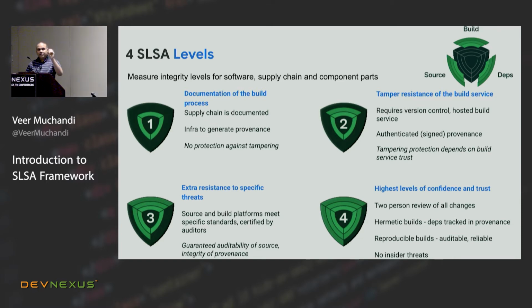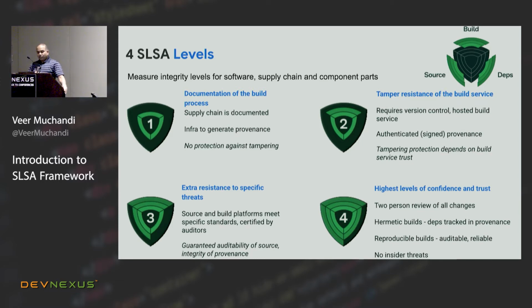In the sense, let's say your source code is coming from so and so source repository. There is a process that goes and signs that source code. So the build process can verify and say this source code is actually coming from so and so source control repository. Right? If you have such a process established, you are at level 2.